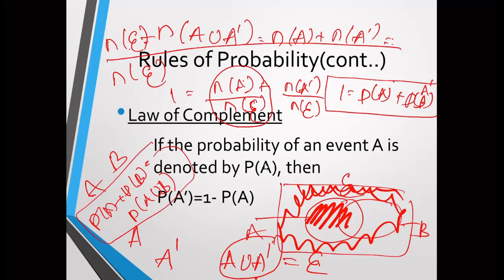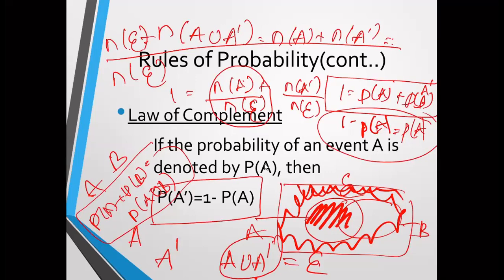Therefore, P(A dash) is going to be 1 minus P(A). I'm not going to give you this as a question in the question paper, but you need to remember this rule. So P(A dash) is equal to 1 minus P(A). Here P means probability. This rule is called the complement rule, or law of complement.